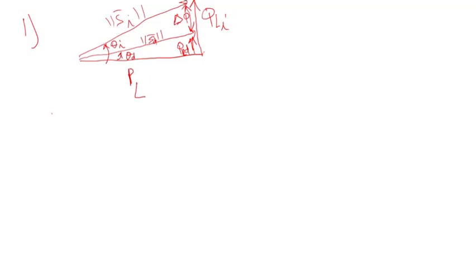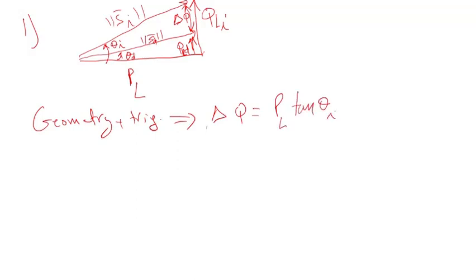If you do geometry plus trig, you will arrive at the previous equation, which is the difference in reactive power required by the capacitor bank to correct the power factor, which is PL times tan theta I, the initial power factor angle, minus PL times tan of theta D, which is the desired power factor angle.